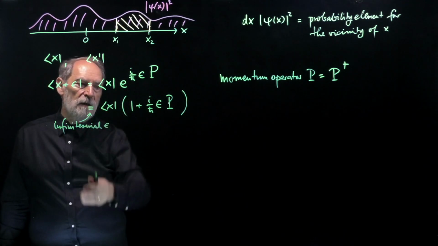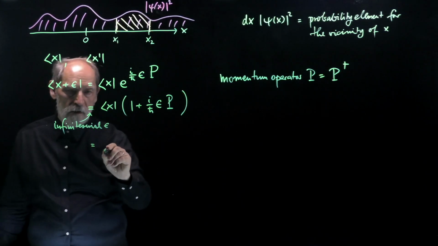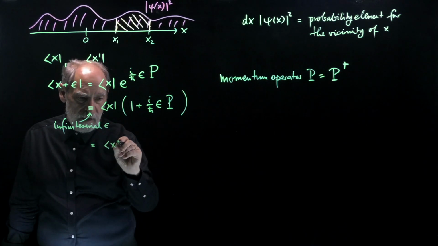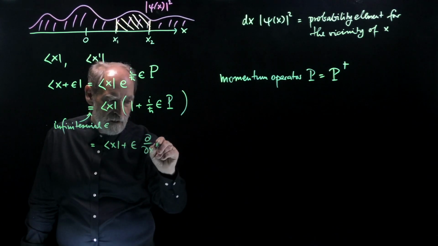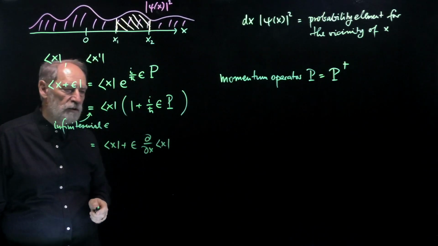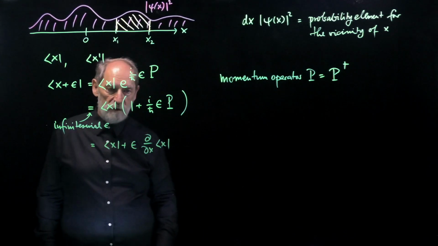On the other hand, if it's a very small shift, this will be equal to the original x plus epsilon times the derivative of that original x, which is just the first two terms of the Taylor expansion.